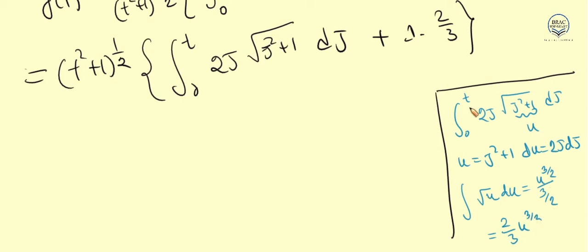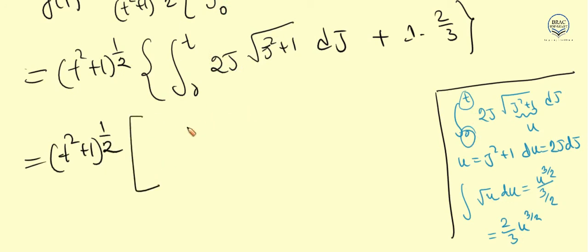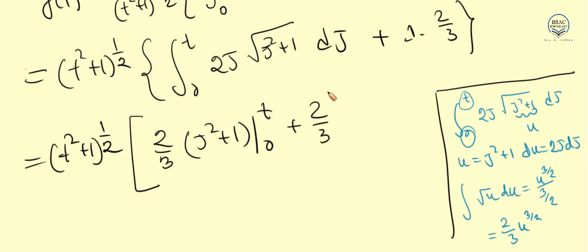And now to get the right values for these limits, you need to replace u with tau squared plus 1 and put these numbers in. After recalling this easy result from calculus, we now write our result as 2/3 u to the power 3/2. So u was what? Tau squared plus 1. So you have your tau squared plus 1, and you want to evaluate it at t and 0, and then finally you will have another 2/3 over here.